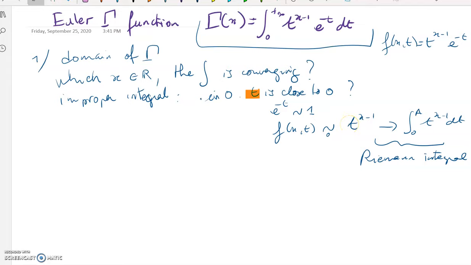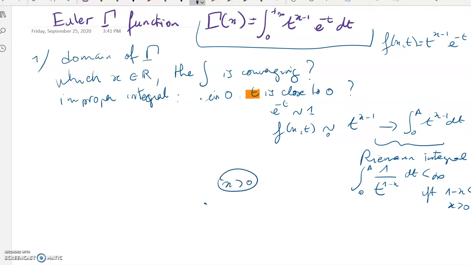That's the same thing as 1 over t^(1-x), and that gives you a convergent integral in the neighborhood of 0 if and only if 1 minus x is strictly smaller than 1, which makes x strictly bigger than 0. So for the first side of my improper integral, we need x greater than 0.